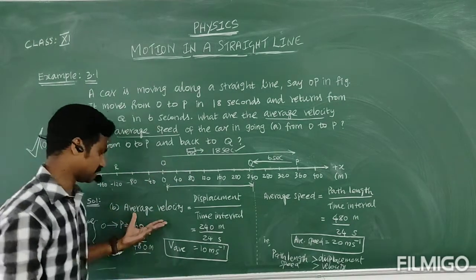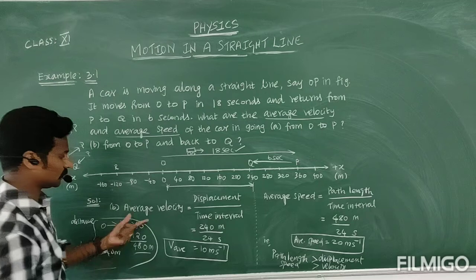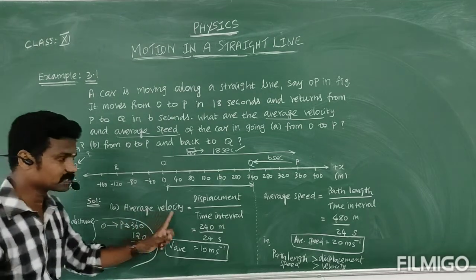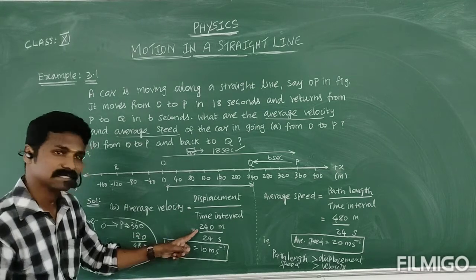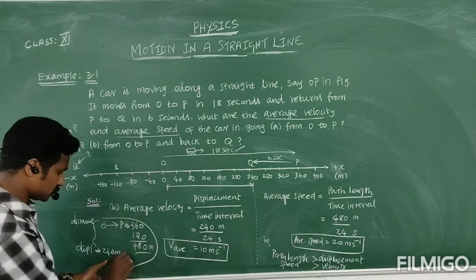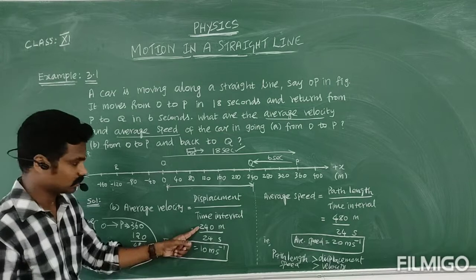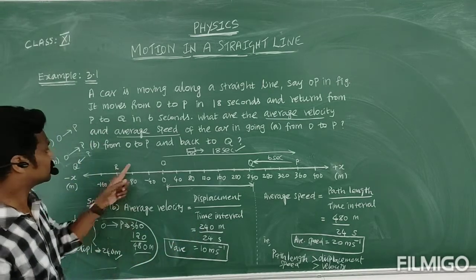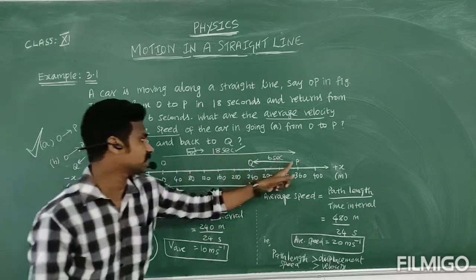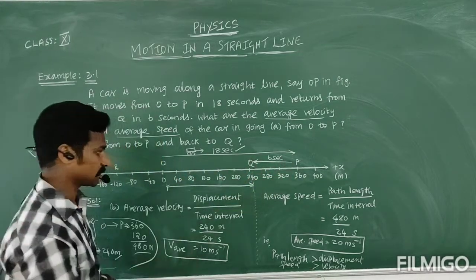Now let's come to the average velocity. The formula is displacement divided by time interval. The displacement is 240 meters.